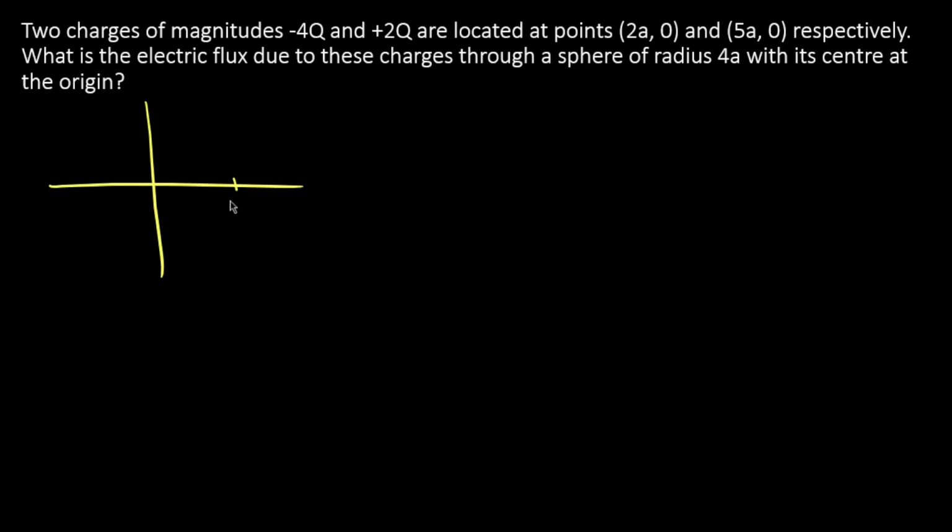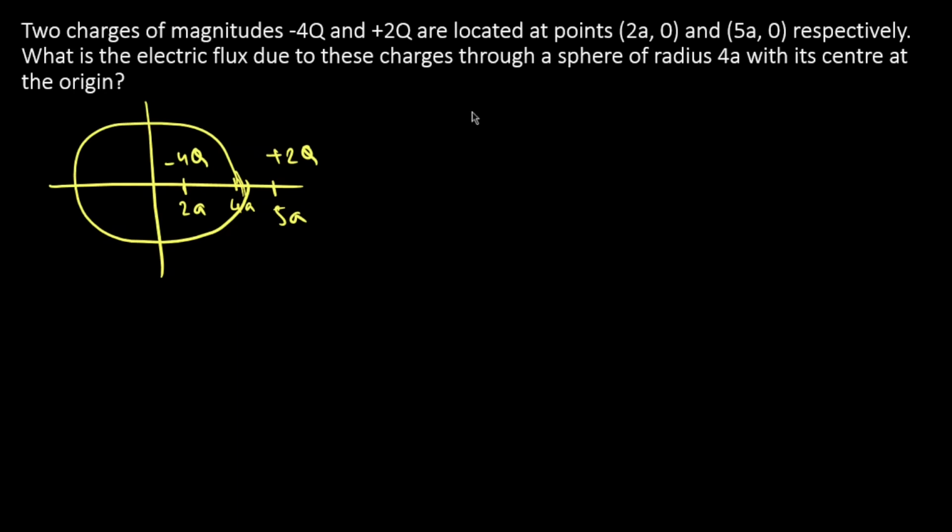So suppose this is 4a on the x-axis, so we have a radius of 4a, and the charges are placed on the x-axis at distances of 2a and 5a. So at 2a minus 4q is placed, and at 5a plus 2q is placed, and we need to find out the flux due to these charges through the sphere.